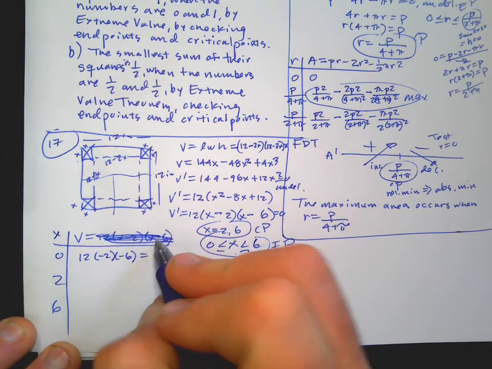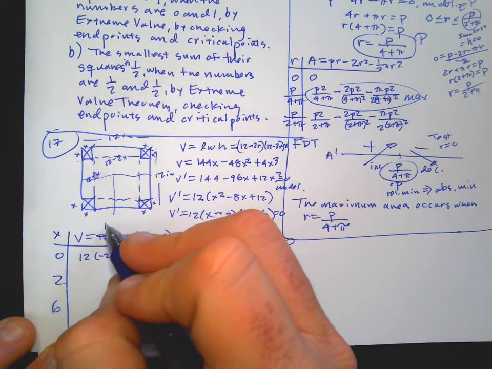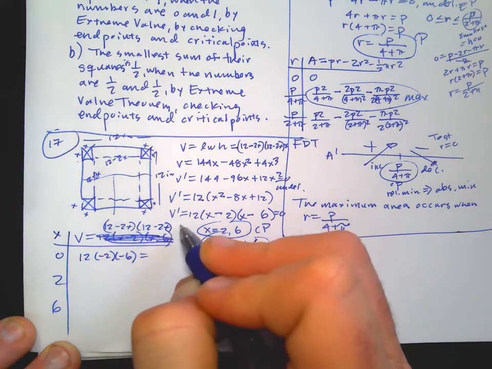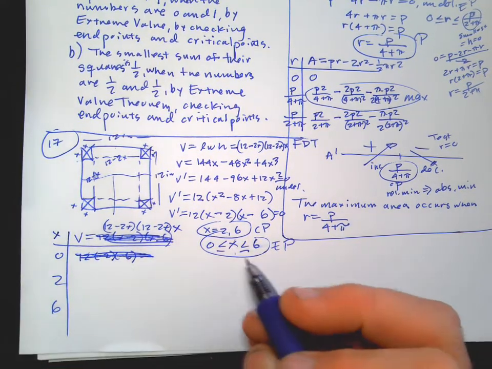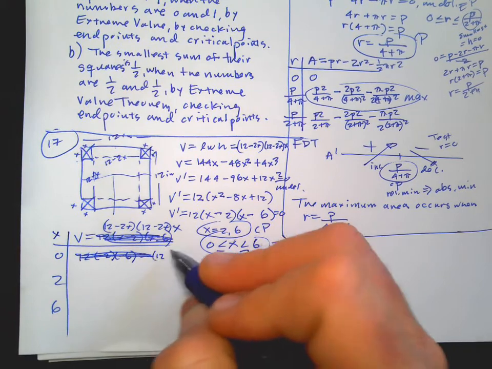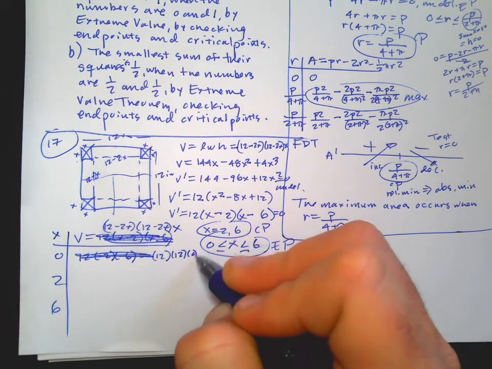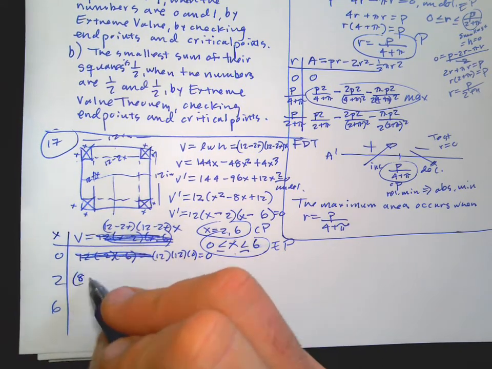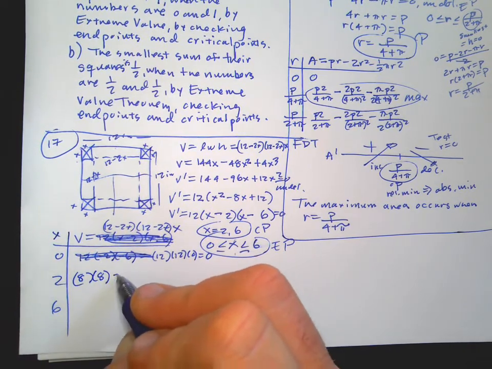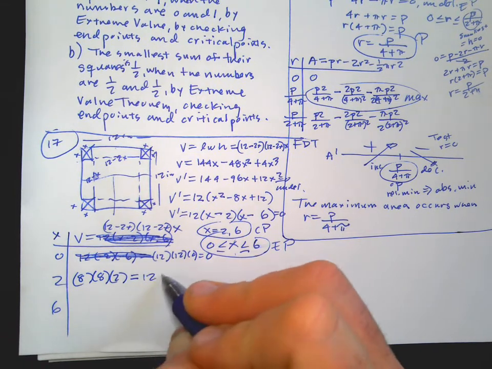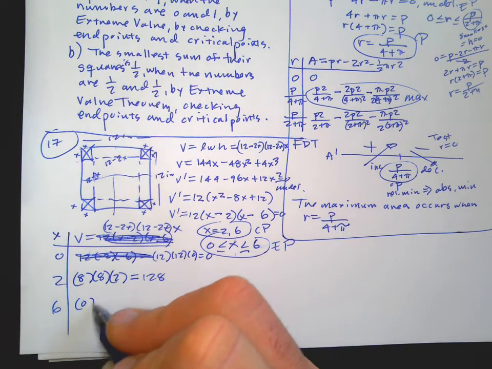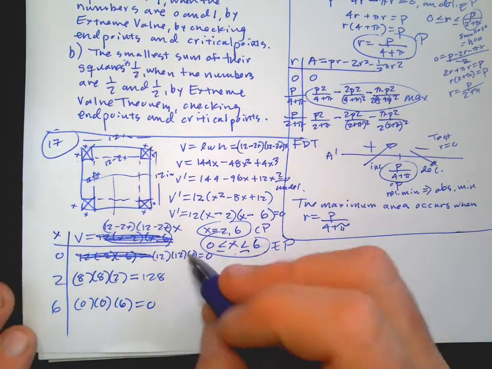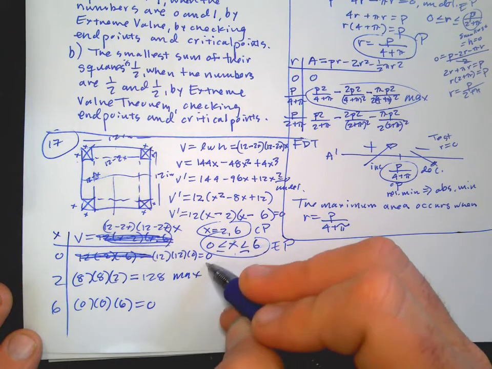We want to plug them into the volume, which was 12 minus 2x, 12 minus 2x, and x. There we go. I made that mistake. Okay, so 12 times 0 is 0, of course. Plug 2 in, you're going to get 8 times 8 times 2, so that's going to be 64, 128. If you plug 6 in, you're going to get 0 times 6, which is 0. So here's your max, and here are your min values.